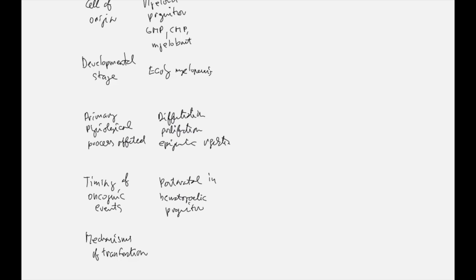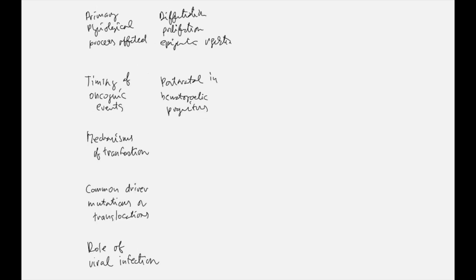What is the mechanism of transformation? Well, there is the differentiation block plus uncontrolled proliferation. As we talked about class 1 and class 2 mutation, so driver mutation and loss of function mutation. So uncontrolled proliferation.